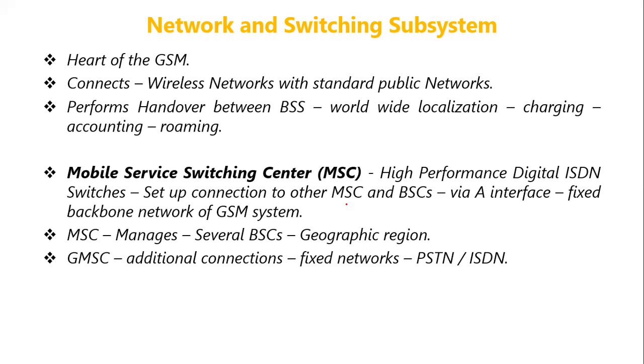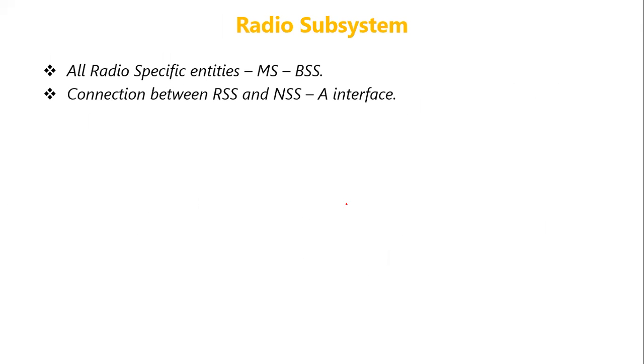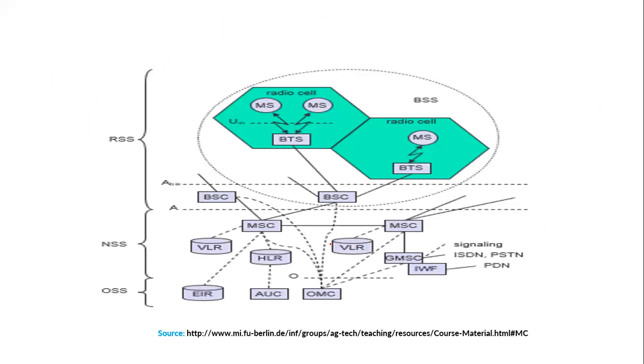There will be one MSC called the gateway MSC that has additional connections to other fixed networks such as PSTN and ISDN. Let me go back to the diagram. You can see here we are discussing the MSC.